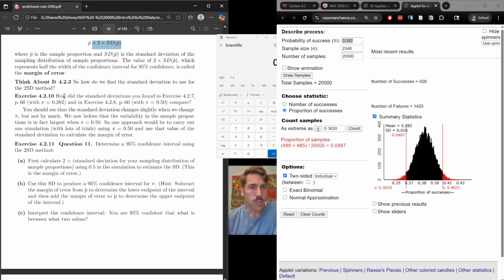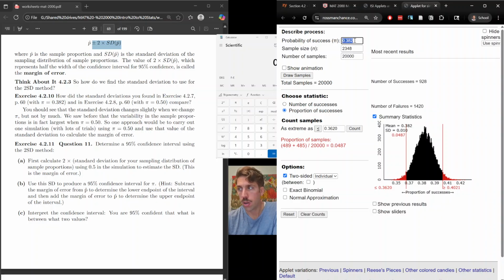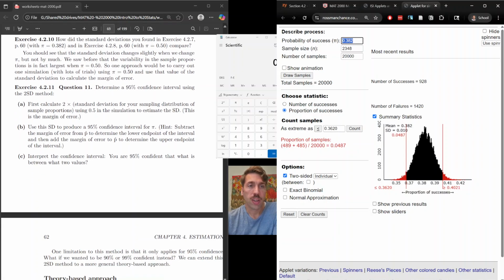How did the standard deviation you found in exercise 4.27 with pi equal 0.382 and in exercise 4.28 with pi equal 0.5 compare? When you did 0.5 instead of 0.382, did you have the same standard deviation or almost the same or very different standard deviations? Okay? And then the paragraph afterwards tells you how you should have answered.